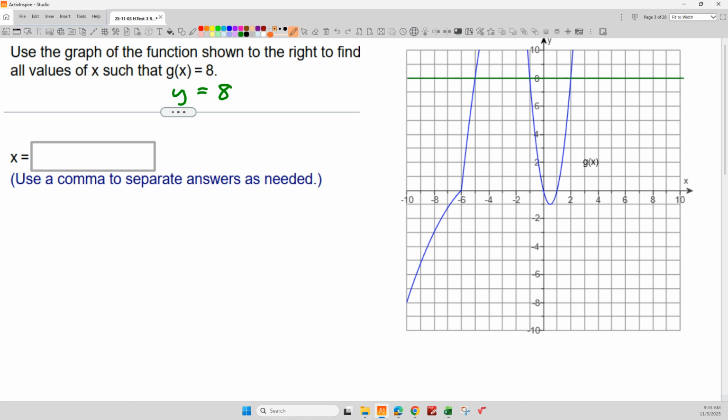Well, we get how many intersections? It looks like we get an intersection there, there, and there. And we know that the y-coordinates of each of those points are what? Yeah, 8, right? Because that's where that horizontal line intersects the blue function. So those are all 8.